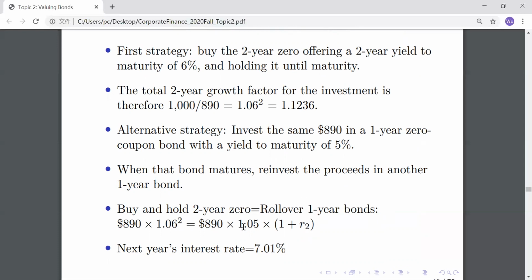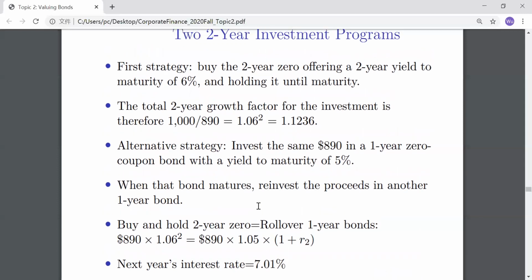We can solve this equation and we get 7.01%. This is the second year's yield, the other name for which is the short rate, the short rate for the second year.